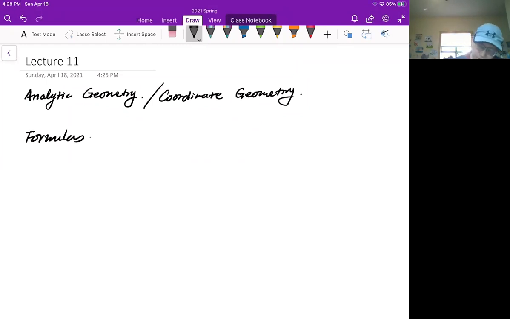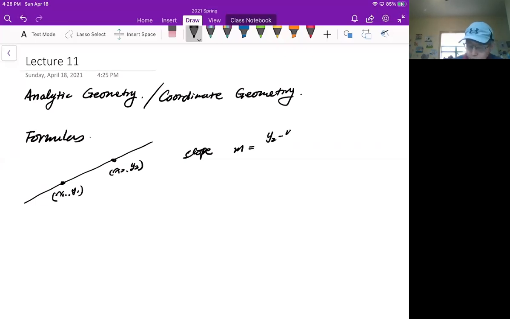All right, so first of all, suppose I have a straight line and I have 2 points, (x1, y1) and (x2, y2). The important thing is how to get the slope of the line. I'm going to use m for that. It's the difference of the y values divided by the difference of the x values. I assume everyone knows that already.